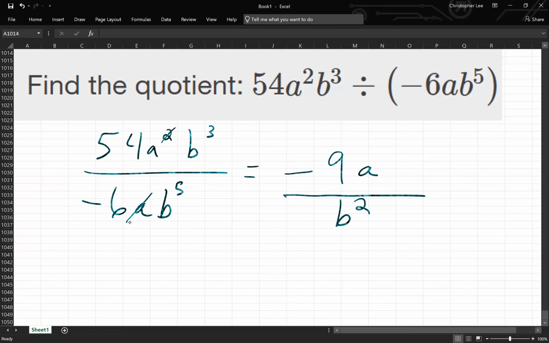Question on this? b to the second came from 3 minus 5, which will give me a negative 2. So what do we do? Throw it in the denominator, give it a positive exponent, and that's it. Any questions on this?